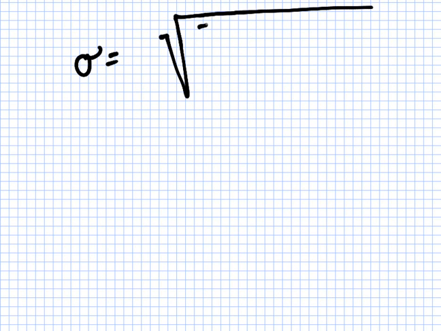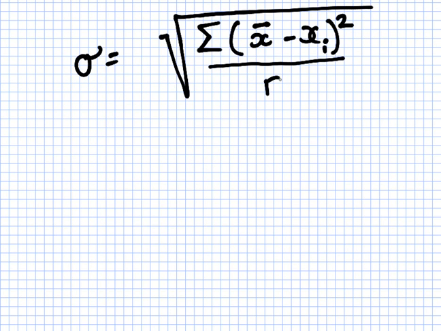So for standard deviation, what we do is take the square root, and then first we calculate the average minus how far the point is from the average, square it, and then divide by how many points of data we have. So we'll do an example.